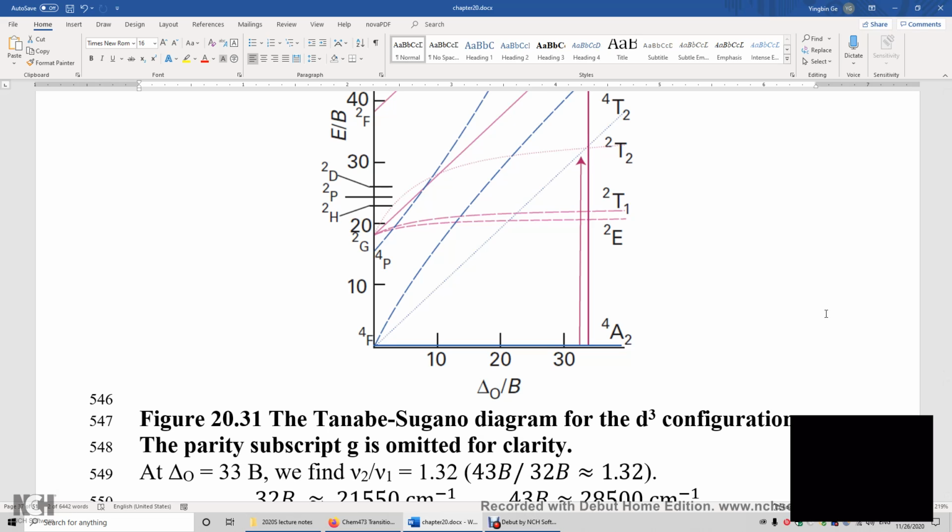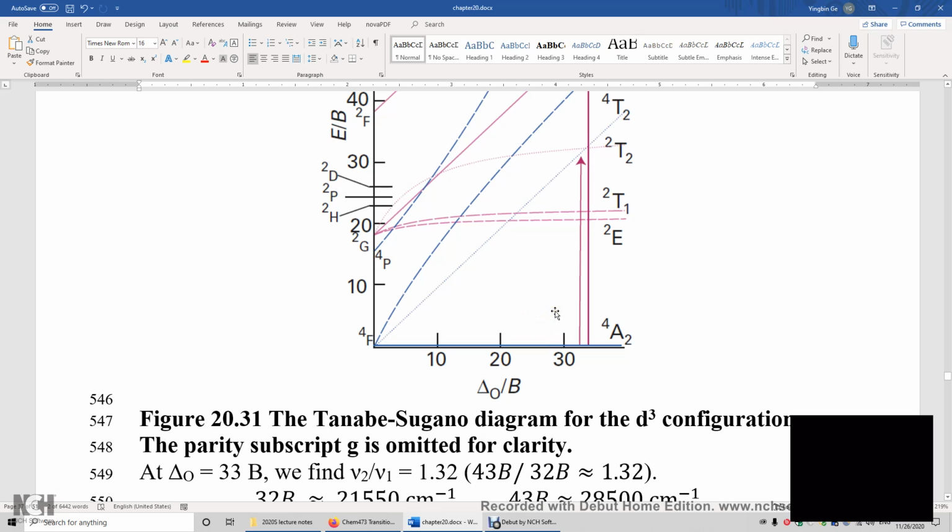Okay, blue data points. Because from blue to red is spin forbidden. So we'll have to focus on this blue line and this one and this one and this one. Those are spin allowed, and we can observe significant electronic transition between these 4 blue terms.